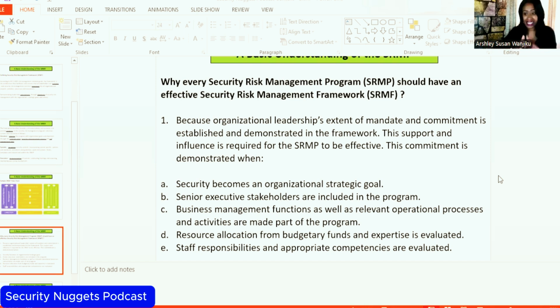So this is the leadership that is viewing security with a broader lens, and they have incorporated security within their goals. It is actually a strategic goal. That can only be factored in and incorporated when it has been looped into the security risk management framework, through benchmarking, consultations and communications.